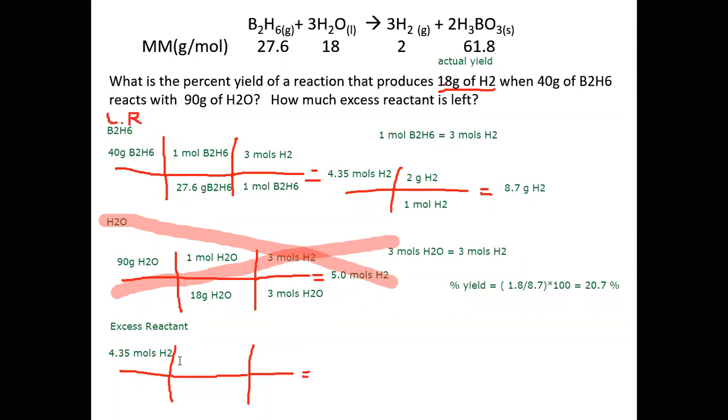So again, the moles of H2 go on the bottom when we're converting to water. And then we multiply it by its molar mass. This is going to tell us how much water was used.